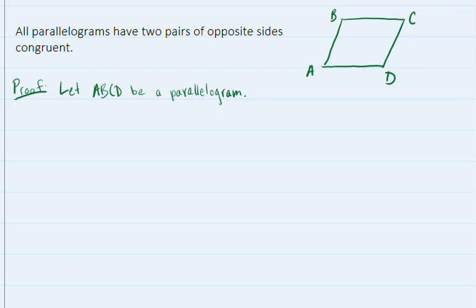But if you have a parallelogram, well, that is going to automatically tell us by definition that side AB is parallel to side CD.